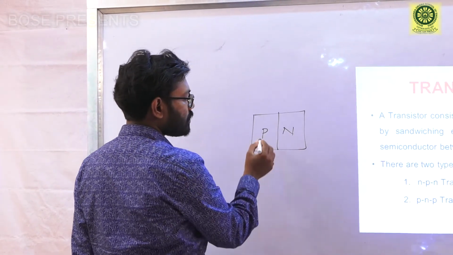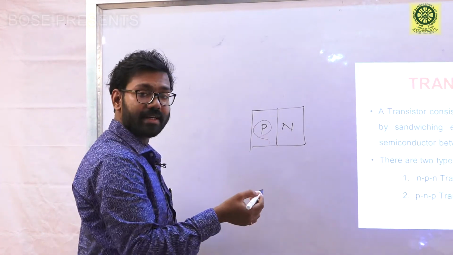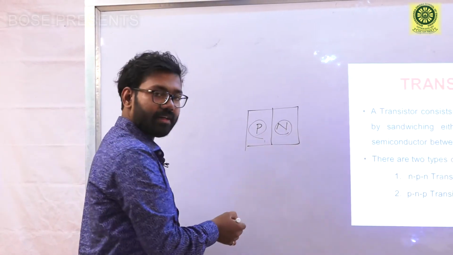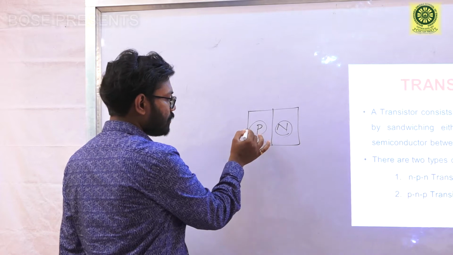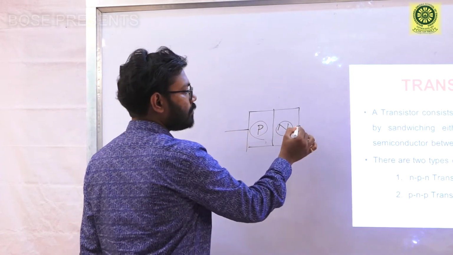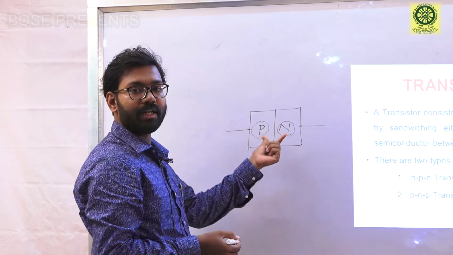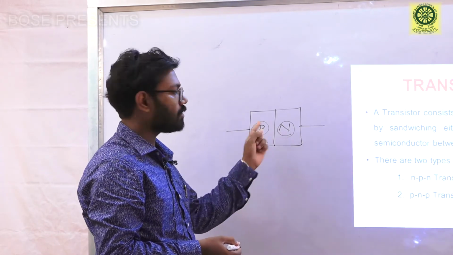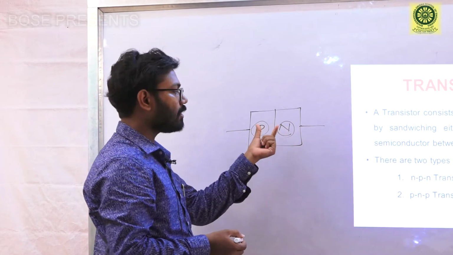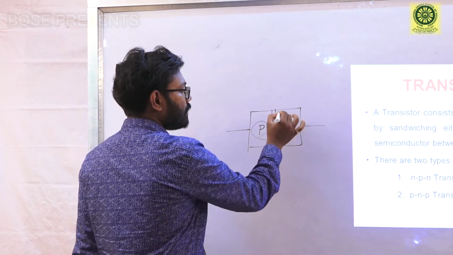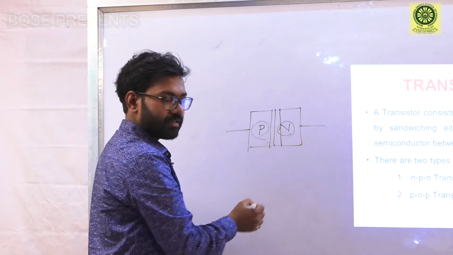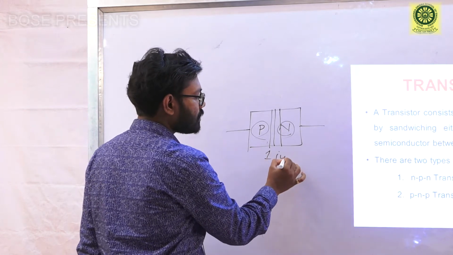In a PN junction, one P type semiconductor and one N type semiconductor are combined, and from each of the P type and N type one terminal comes out. There is a single junction.